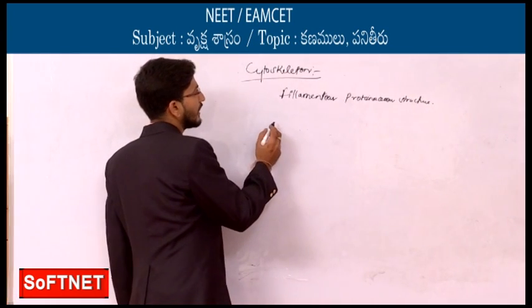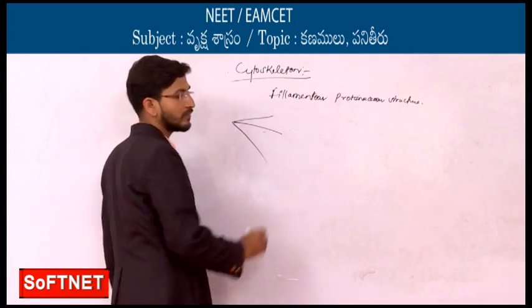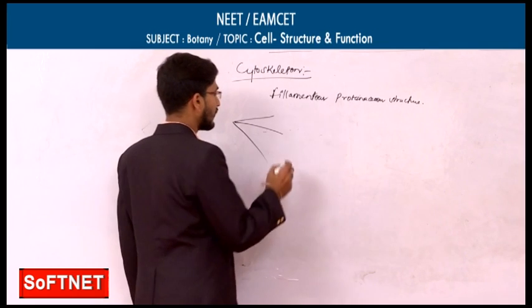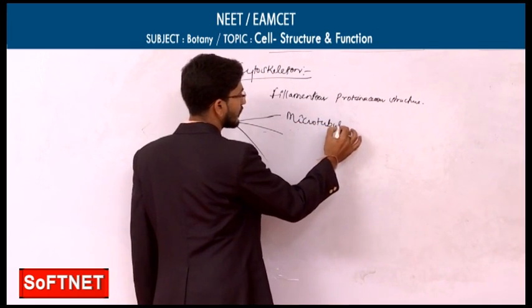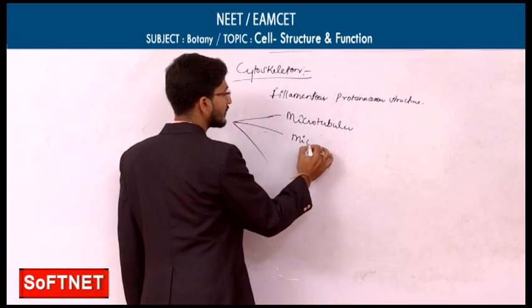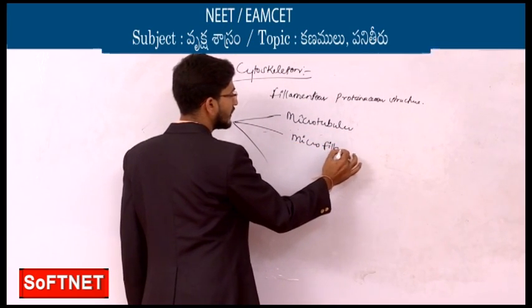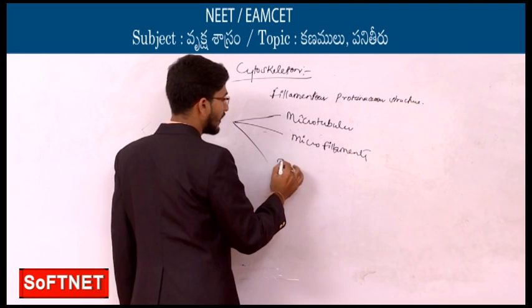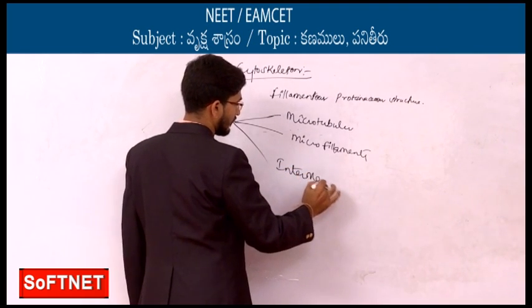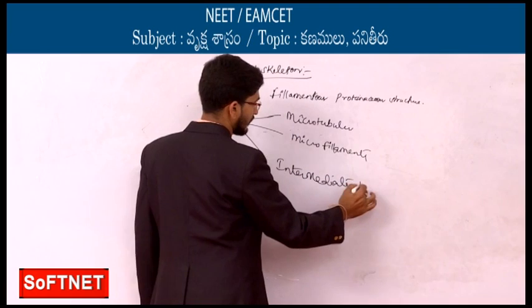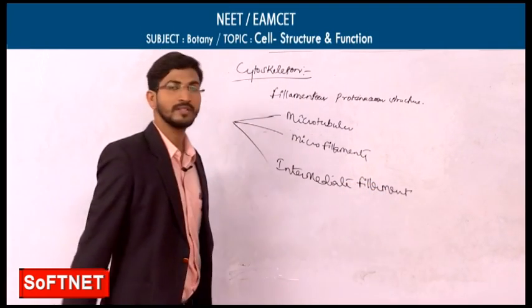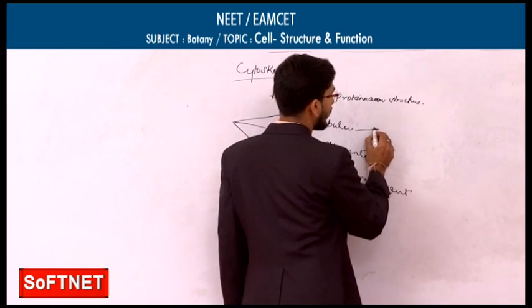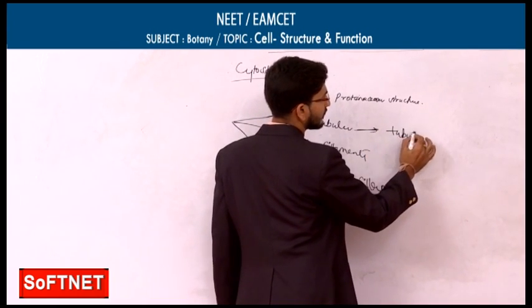This cytoskeleton generally contains three types of protein filaments. Those are microtubules, microfilaments, and intermediate filaments. Microtubules are made up of tubulin protein.